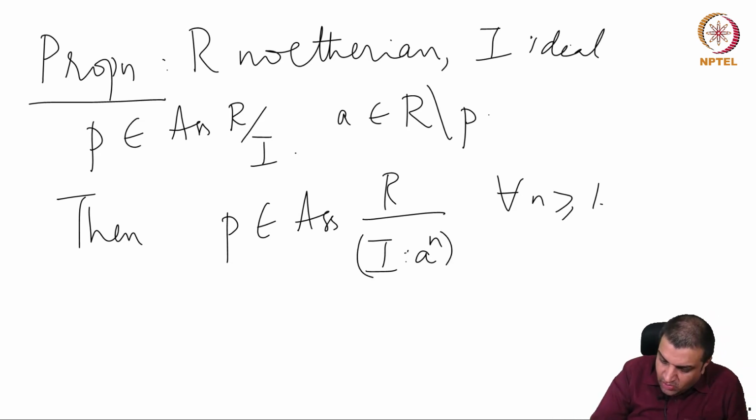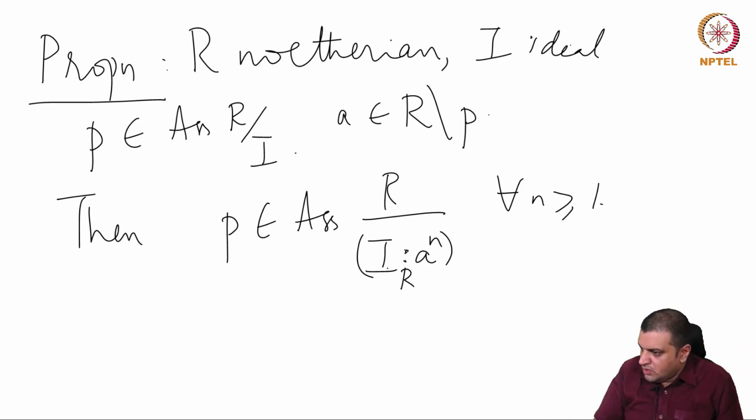And this is in R. Because this is an element of R, this is a submodule of R, the product has to be inside R. I might forget to write: we are only discussing ideals and rings, so the colon is always inside R unless I state it explicitly.